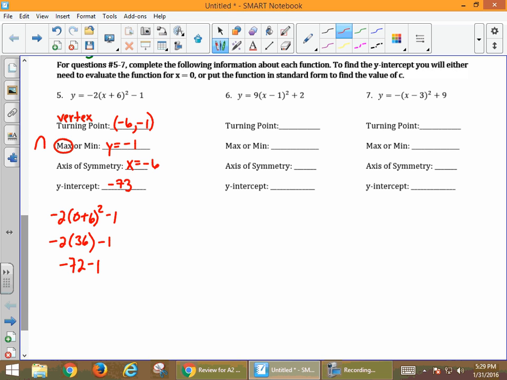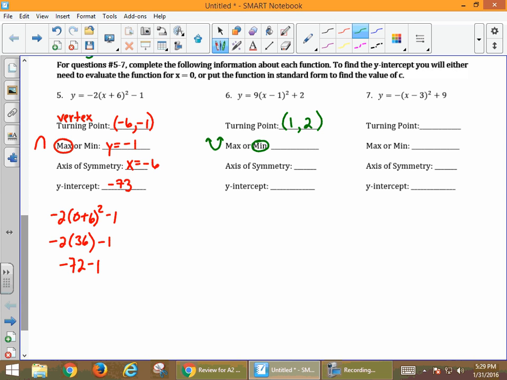For number 6, again, the turning point can be just called the vertex if we like. And it's x minus 1, so change the sign to +1, and on the outside is a +2. The number in front of the squared quantity is +9, meaning my parabola opens up. So I have a minimum value.